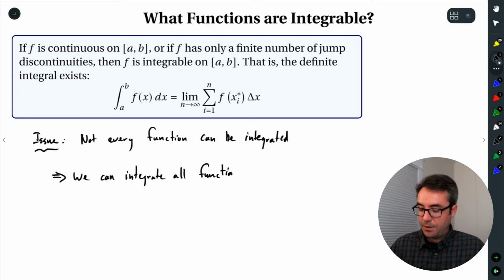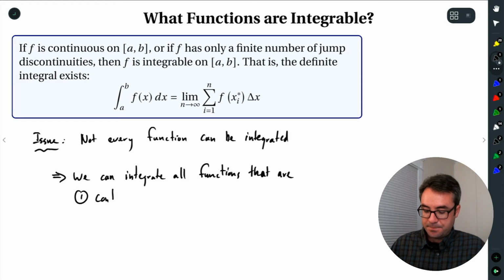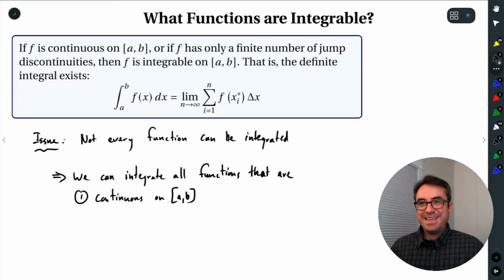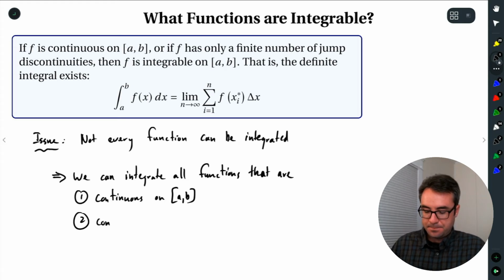So we can integrate all functions that are continuous on the closed interval, or even if they're not all the way continuous, if there's a finite number of jump discontinuities, then we can still do it. So it really helps to work with a continuous function.